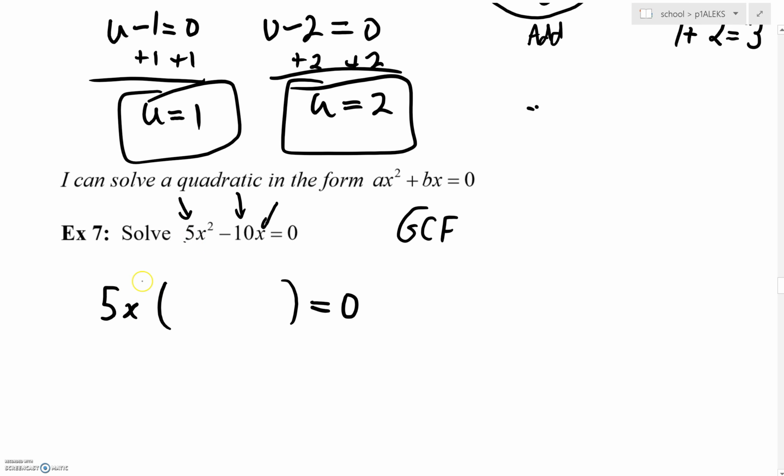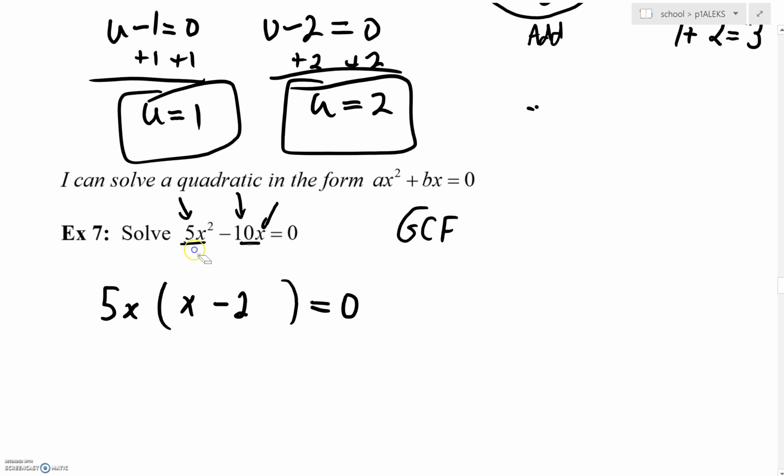If distributing is multiplying, factoring is dividing. So imagine that I was dividing 5x squared by 5x. I'd just have a 1, and I'd lose one of my x's. X squared would cancel with that. Imagine that I was dividing the minus 10x by 5x. Well, negative 10 divided by 5, that would be a minus 2, and these x's would be gone.